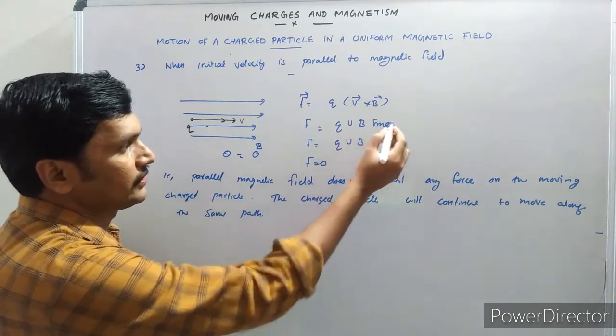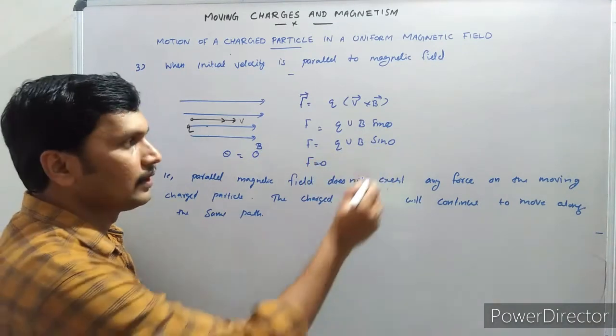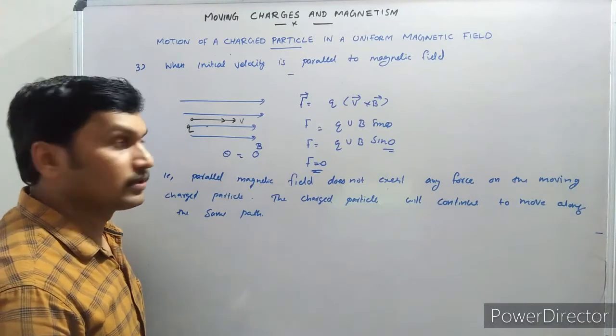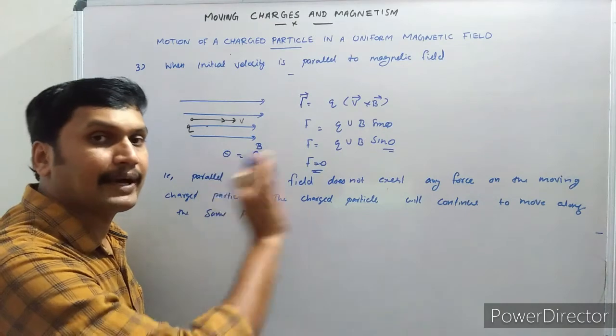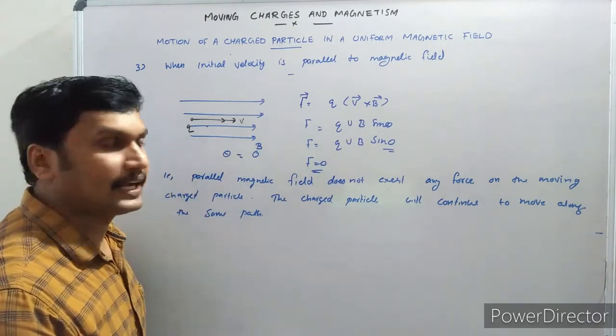Substitute theta equal to 0 in this equation. F is equal to qvB sin 0. But sin 0 is equal to 0, so F is equal to 0. So no force is acting on this charge when it is moving parallel. Similarly, if it is moving anti-parallel, no force is acting.